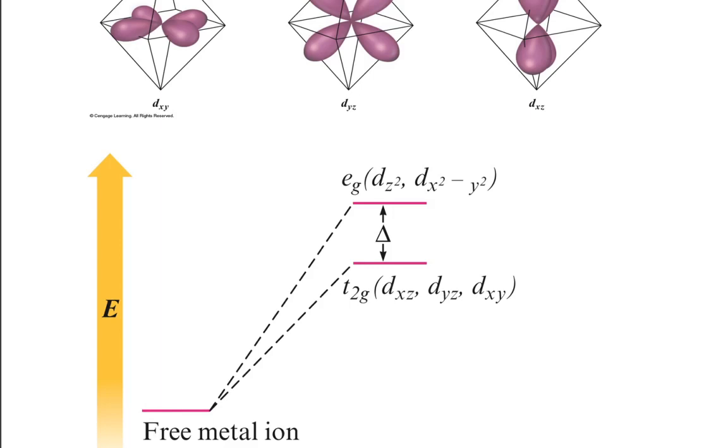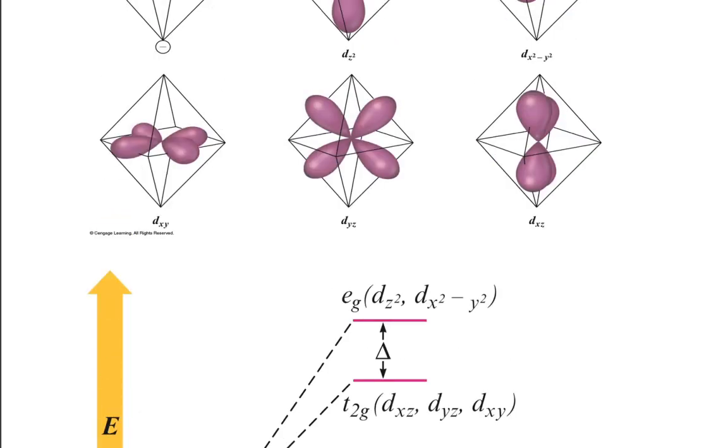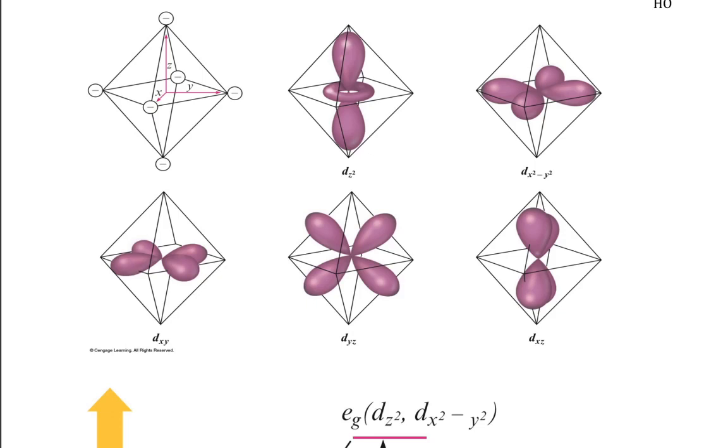It causes the dz squared and dx squared minus y squared orbitals to move to a higher energy because, remember, they have electrons in them, and as the ligands come in with their electrons, they're more repelled. The electron doesn't want to be in those as much. They move to a higher energy.